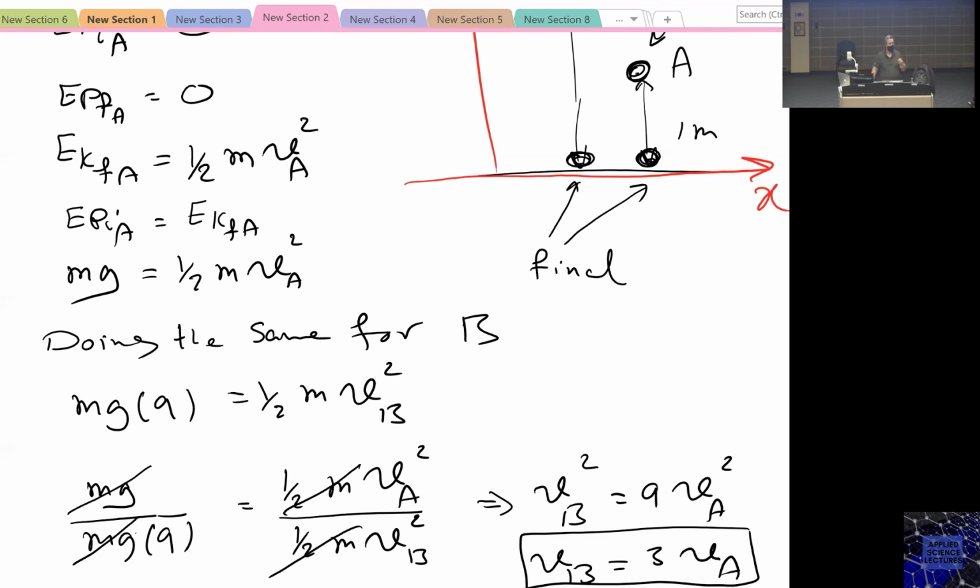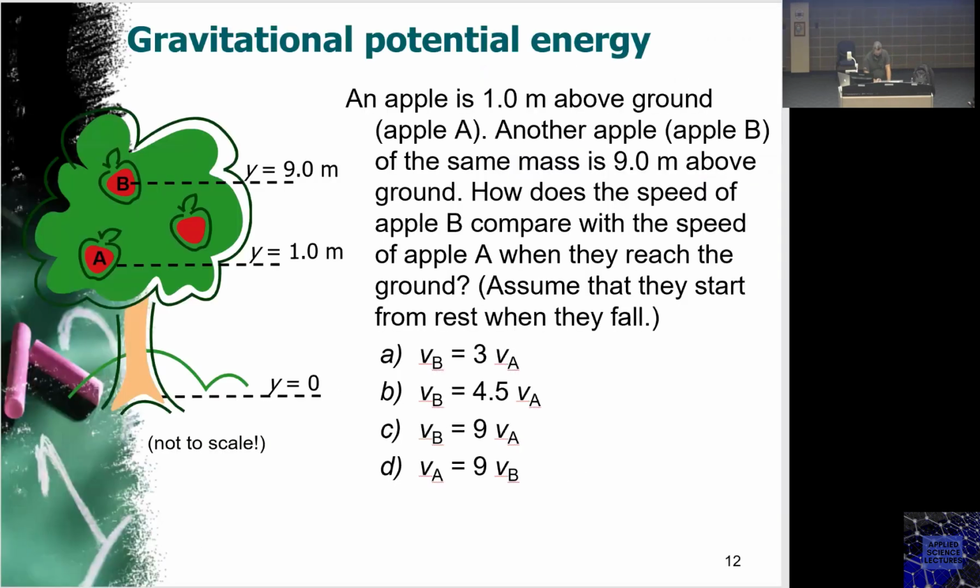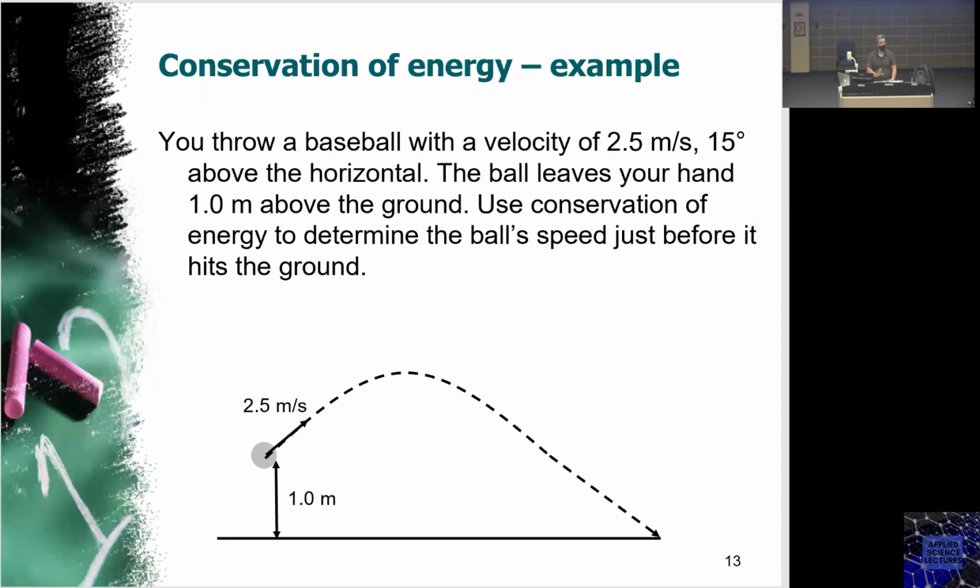So it is the square root of the height difference. So apple B is 9 times higher than apple A. The speed is the square root of this ratio. And that's why the speed of apple B before it hits the ground is 3 times the speed of apple A.